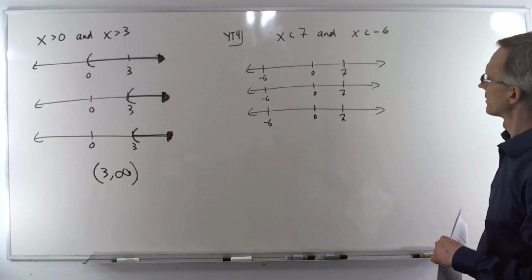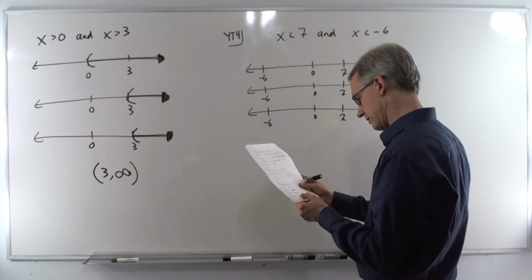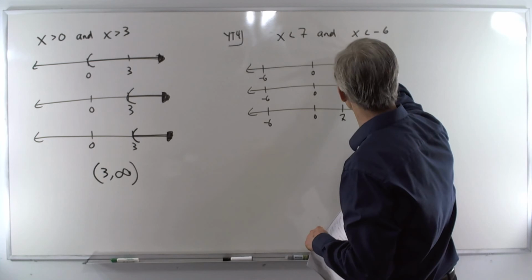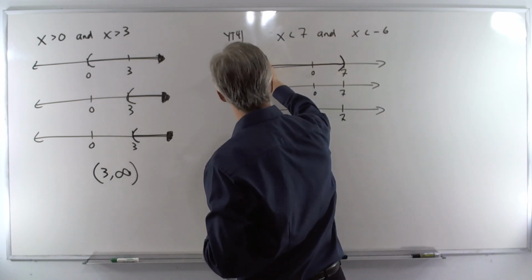These are not necessarily to scale. Okay, so x less than 7. Strictly less than, that's a parenthesis, and we're going to the left. So there's our first graph.